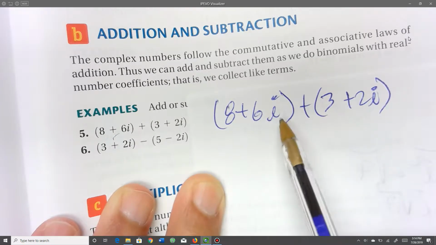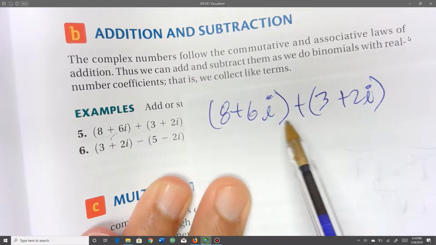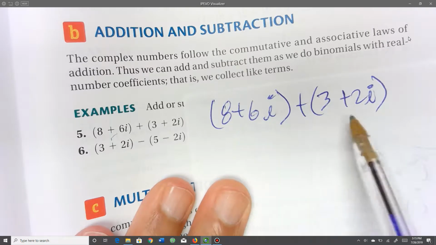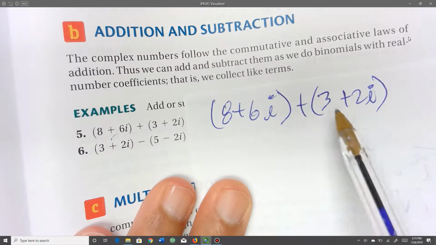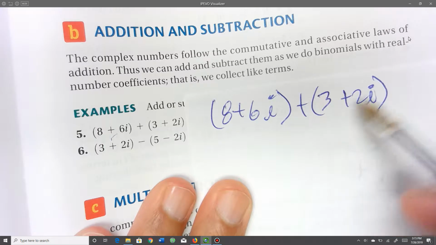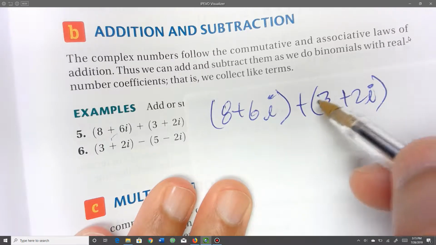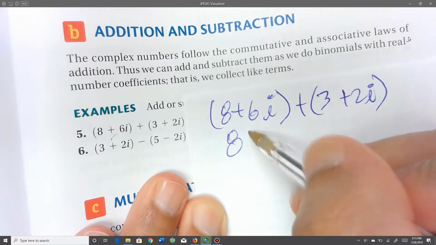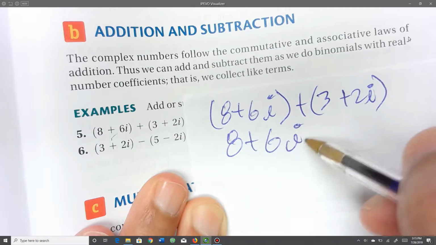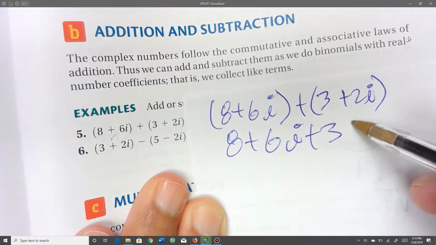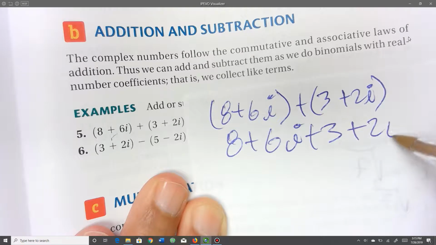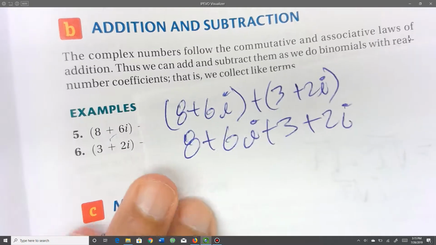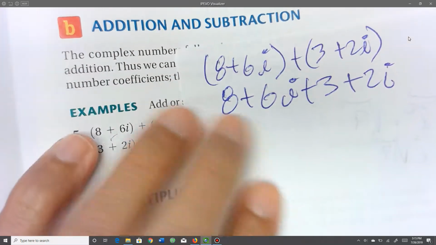Again, just treat it as any other variable. Here we are adding, therefore we don't need the parentheses, because these are all positive. So I'm just going to rewrite everything in one line and without parentheses.